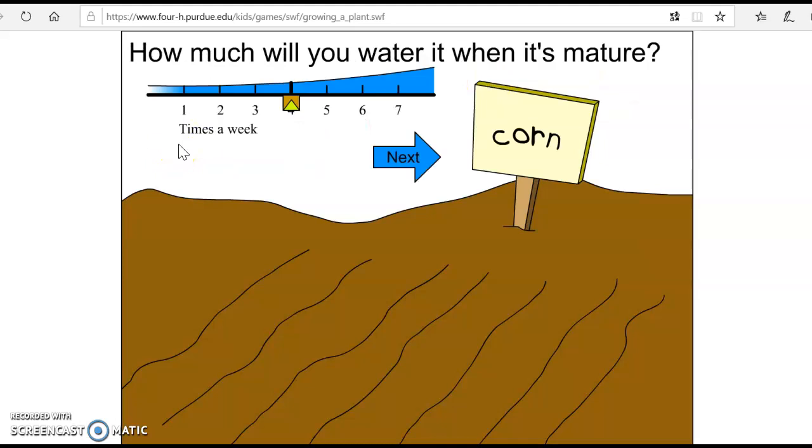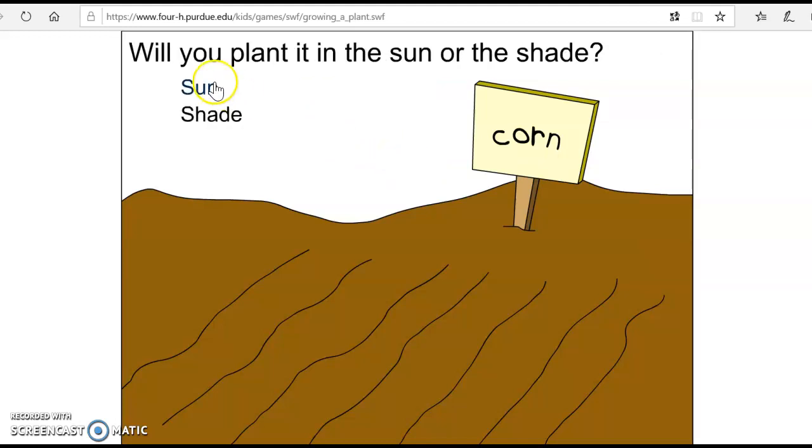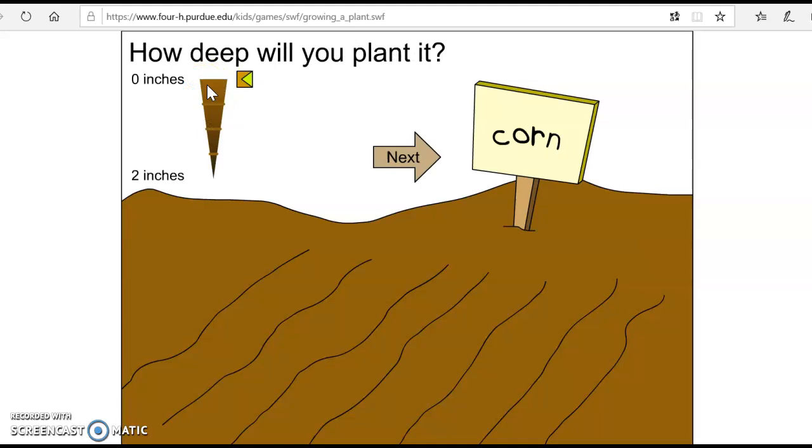Let's plant the corn. I'm going to say that the corn needs to be watered 4 times a week when it's grown. I'm going to plant my corn in the sun. And I think I'm going to plant my corn about 1.5 inches into the soil.